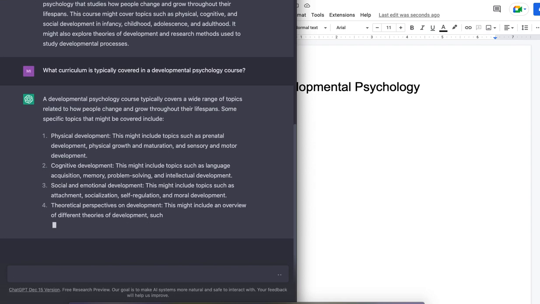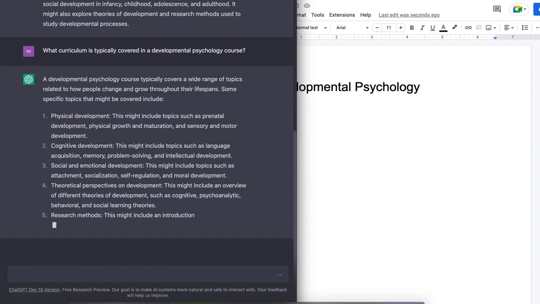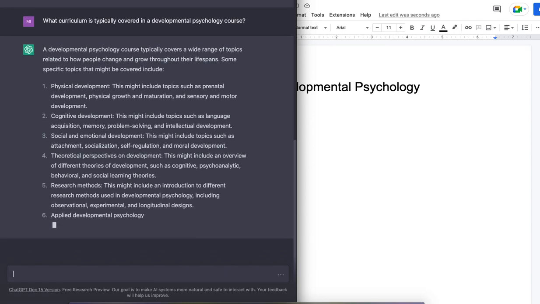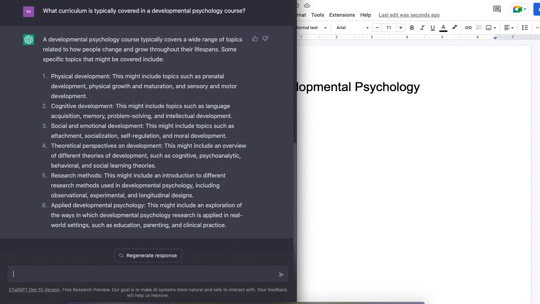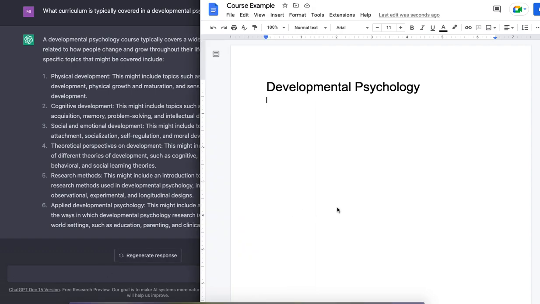So it gives me the main topics that are covered: physical development, such as prenatal development, physical growth and maturation, and sensory and motor development, cognitive development, social and emotional development, theoretical perspectives on development, and so on. So I would probably go ahead and write all of these out.